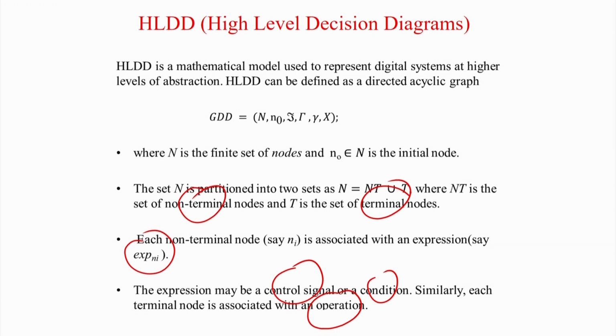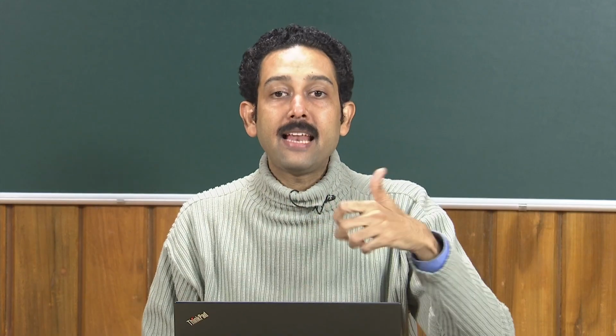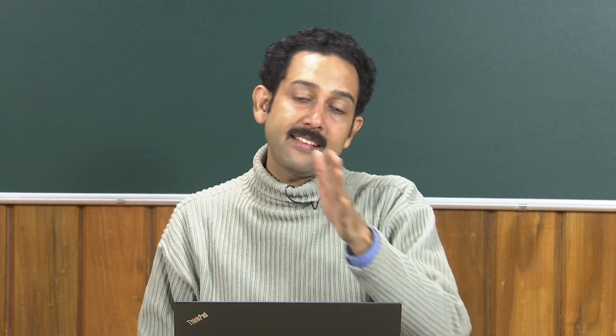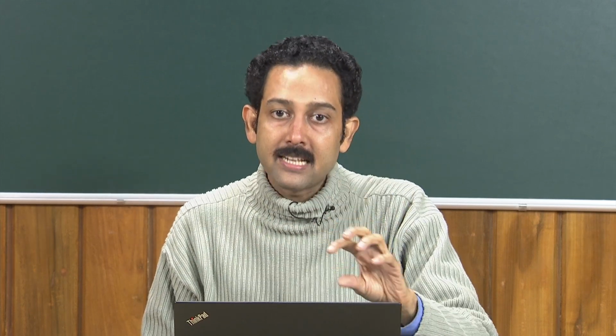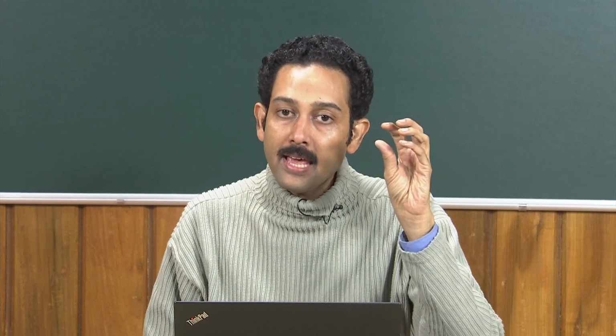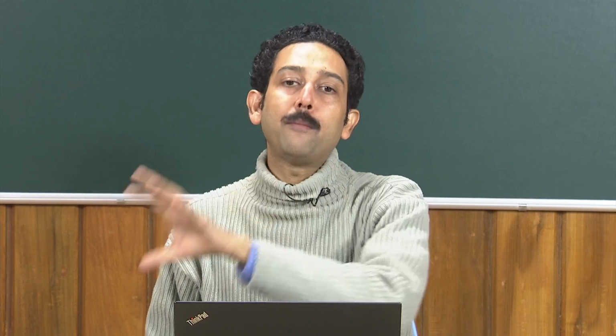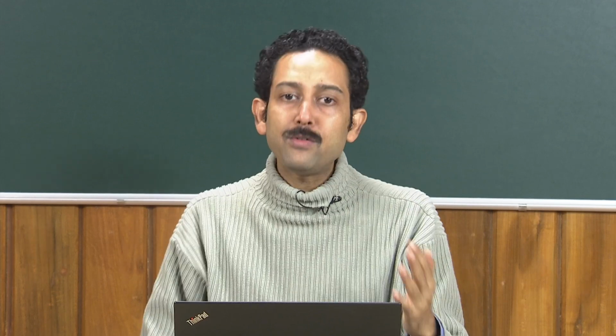Each non-terminal node is a control signal or a condition, like input signal A equal to 1, input signal A equal to 0, or input signal A is greater than B. Some condition checks based on the input signals or the register values will be the non-terminal nodes. Terminal nodes will be some operations like A or B, B or C, C or D, which will update the registers.